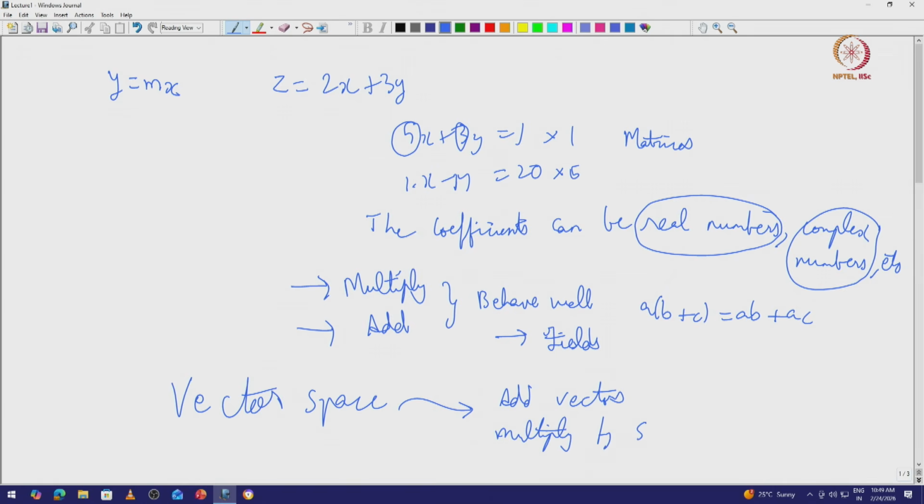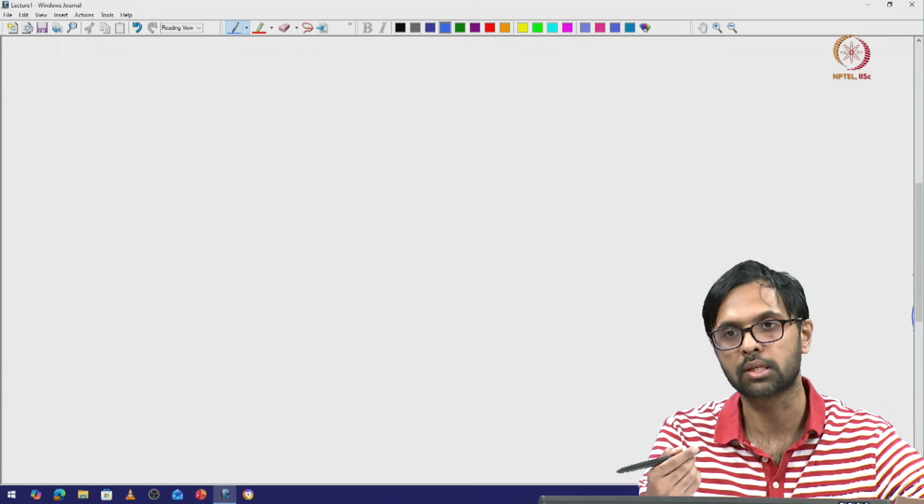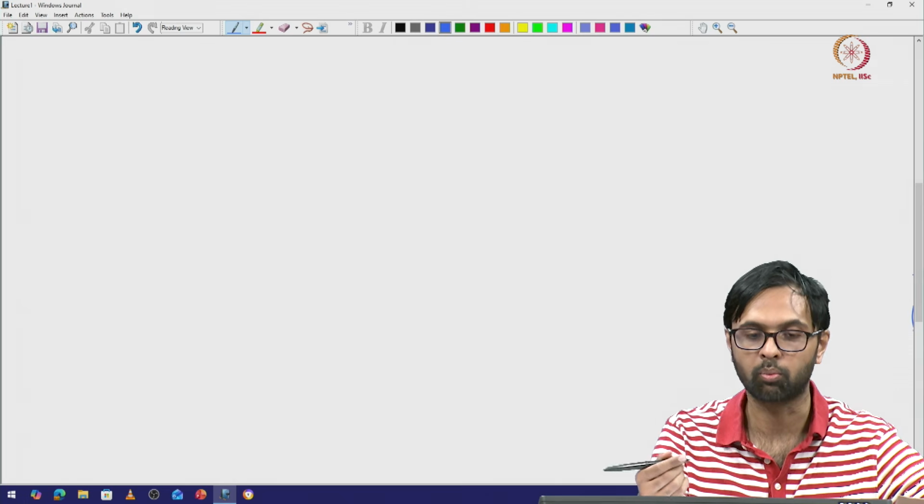By scalars, in our case, reals or complex. Addition and multiplication by scalars satisfy the usual properties that we know.